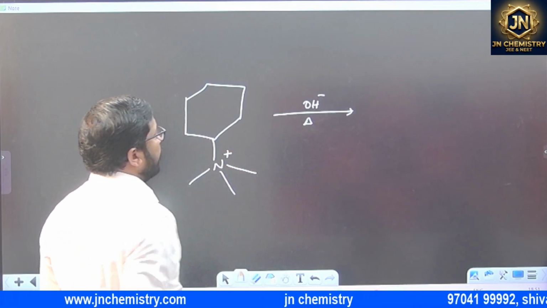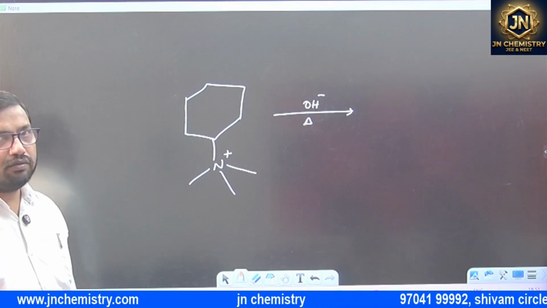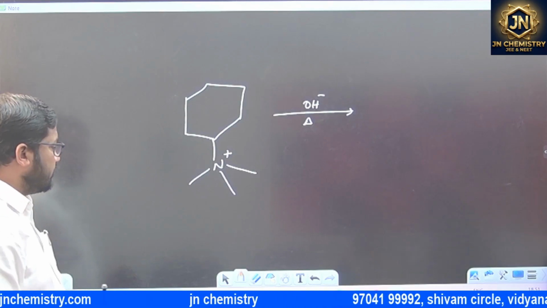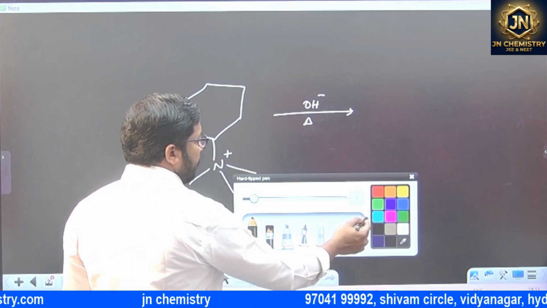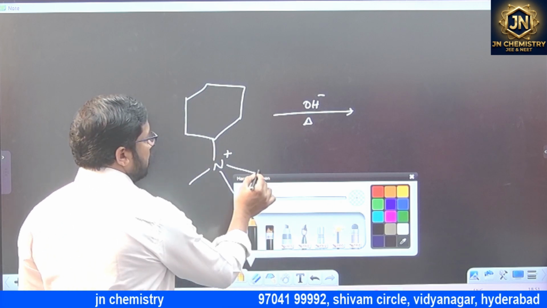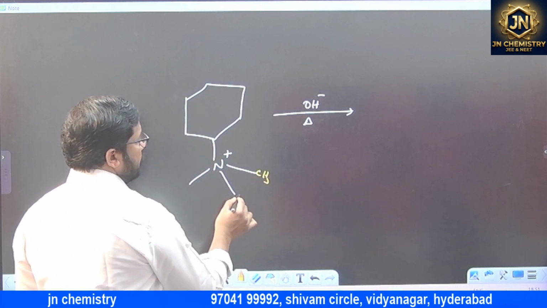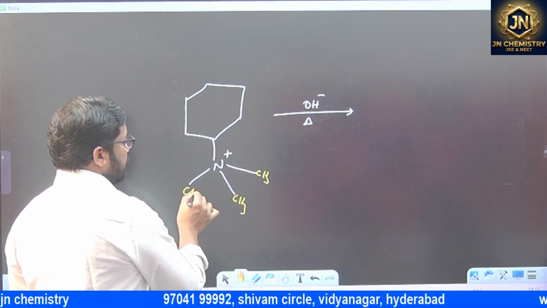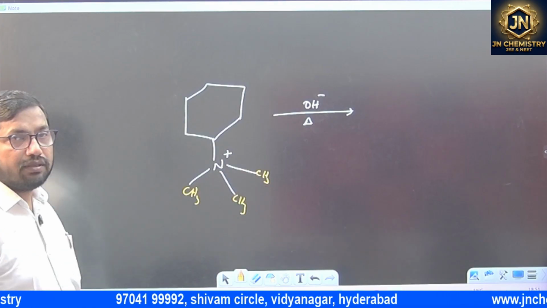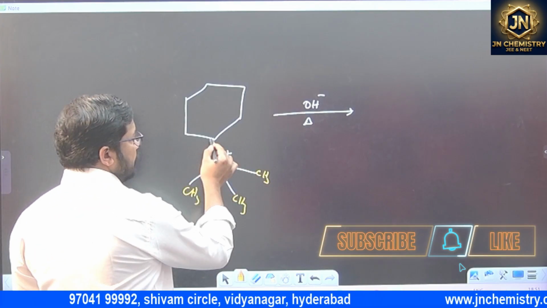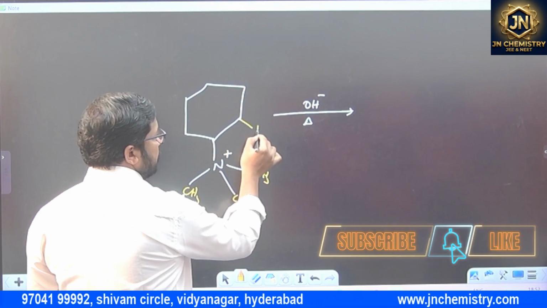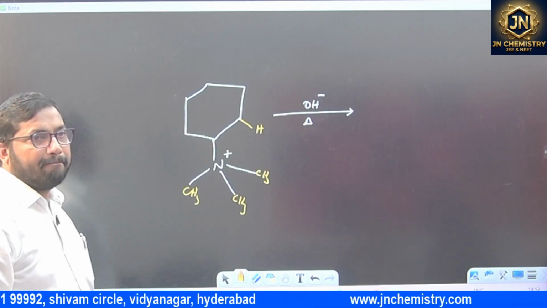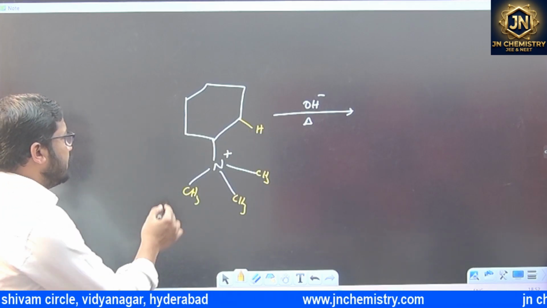Tell me, which hydrogen do we need to take? Beta hydrogen we need to take. Beta hydrogens, here is only CH3. These are CH3, CH3. Here there is no beta carbon, but this is alpha, this is beta, right? This hydrogen is there. Yeah, this also is beta.